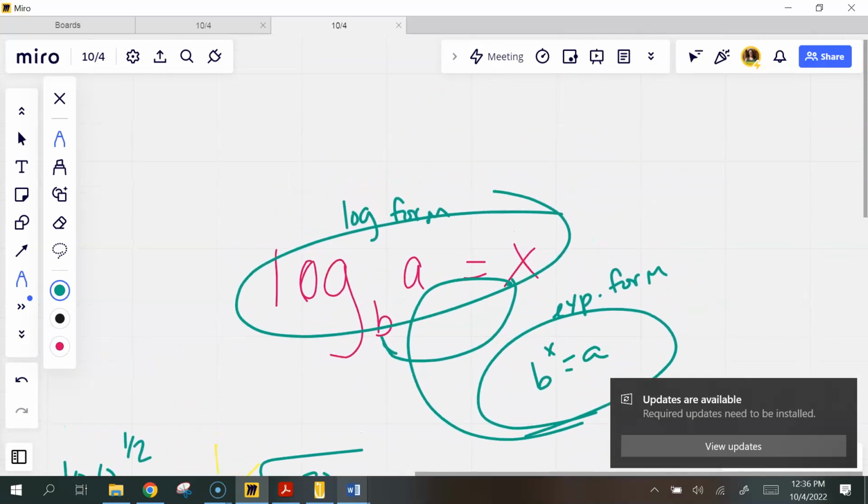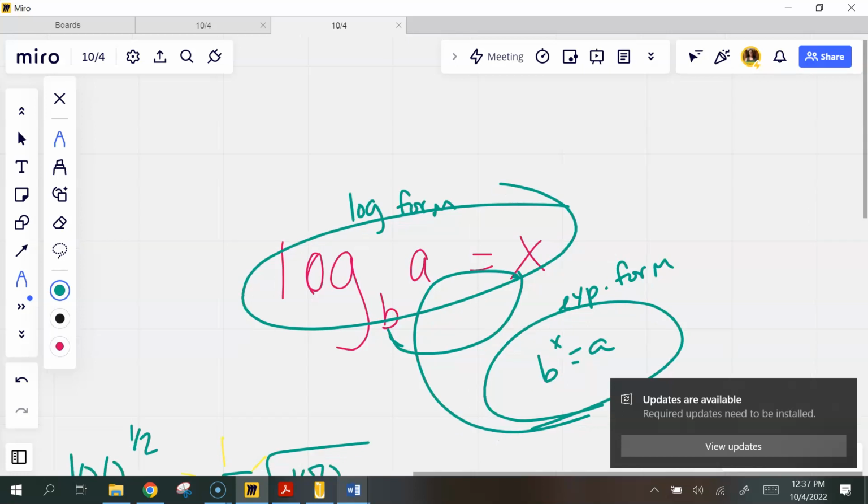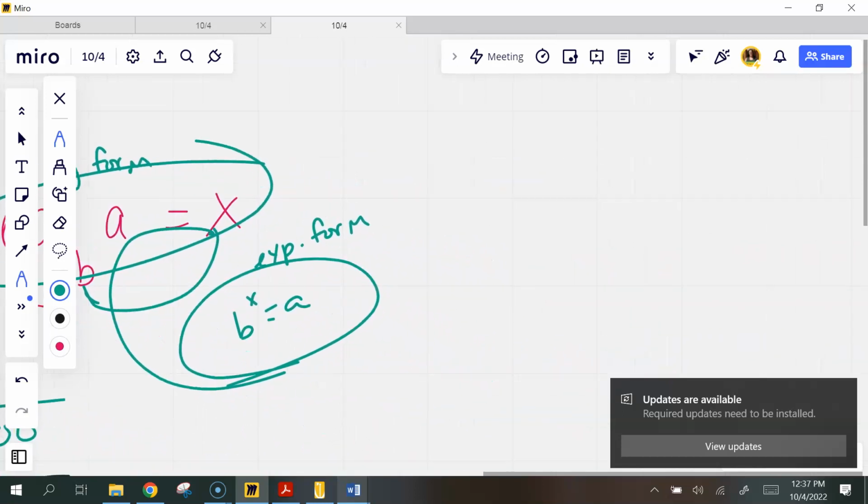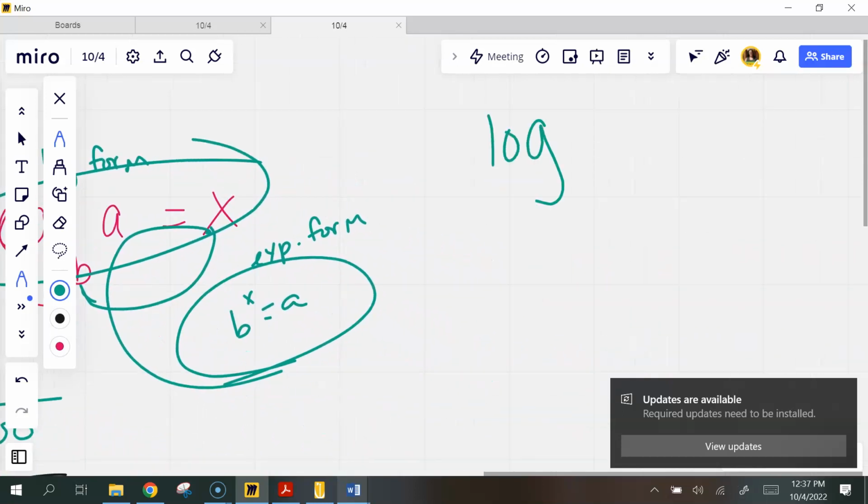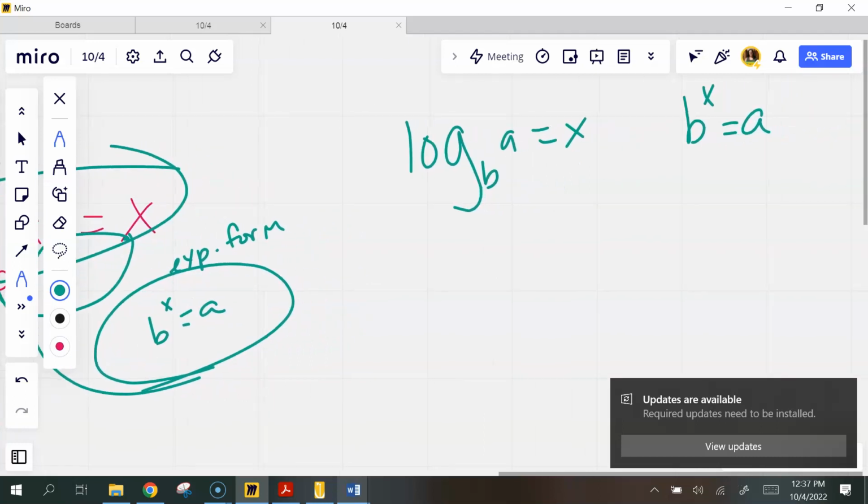Important things to take away from yesterday. The most important thing from yesterday was being able to evaluate the log, knowing what a log represents. So you should be able to go from here to here without any trouble, or backwards or forwards. Evaluating is telling what it equals.